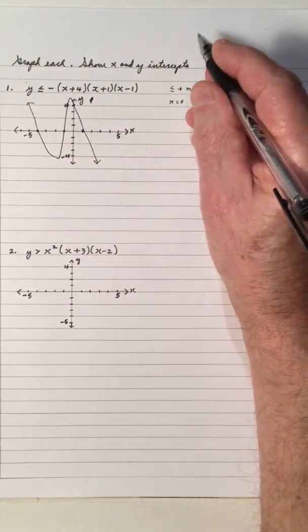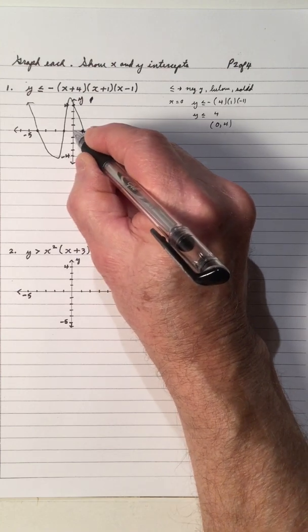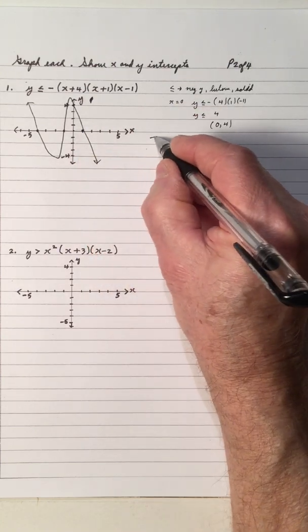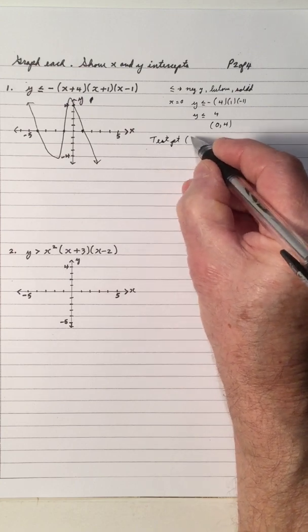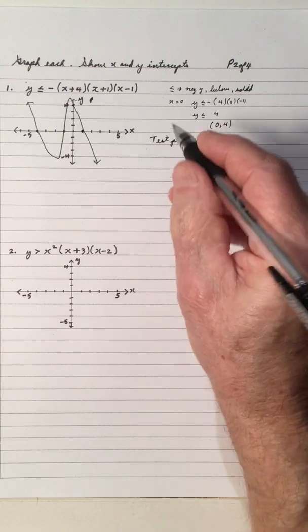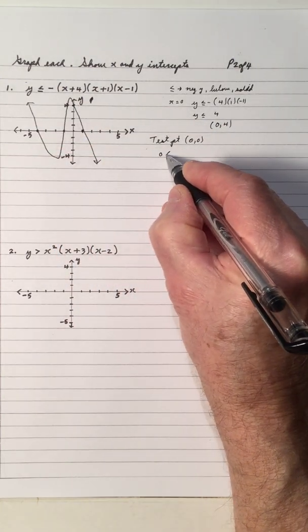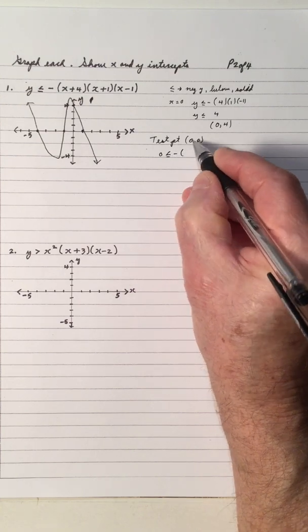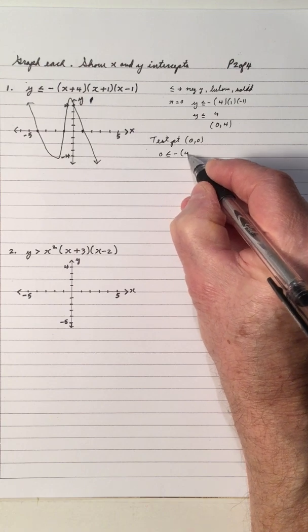And now we've got to find out what side we're going to shade on. So I'm going to pick what we call a test point. The test point I'm picking, I always try to pick (0, 0). Now, if I put y is 0, less than or equal to negative, I'm going to take x is 0 and plug in here, and I'll get a 4.